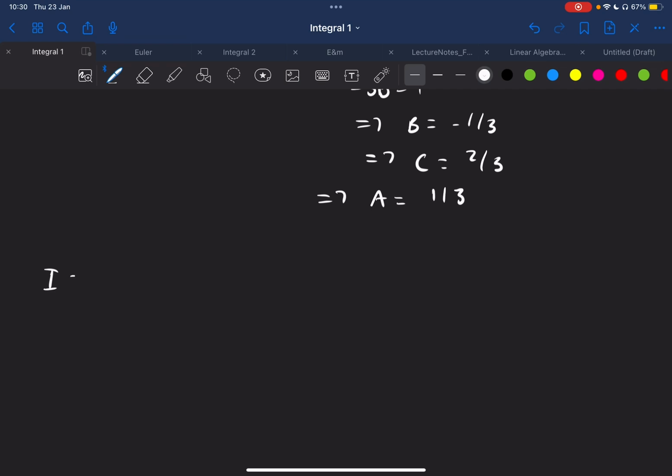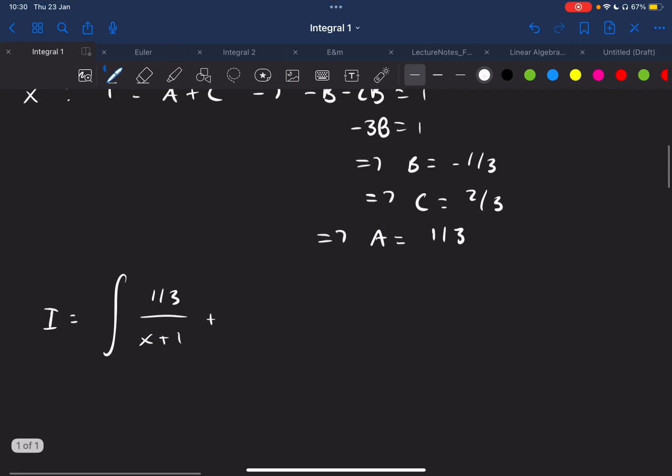So we can write 1 over x cubed plus 1 differently then, by just plugging it straight back into the integral. So that's going to be the integral of 1/3 times 1 over x plus 1, plus b was minus 1/3, x plus 2/3 over x squared minus x plus 1 dx.